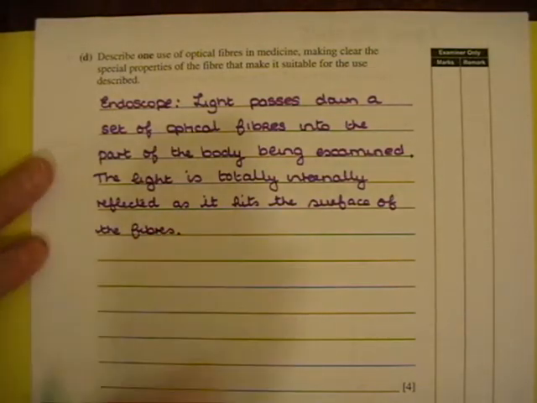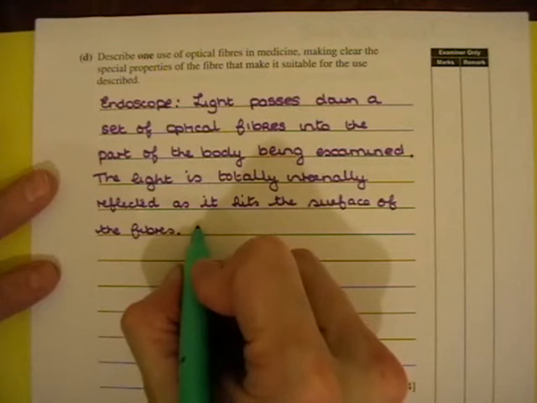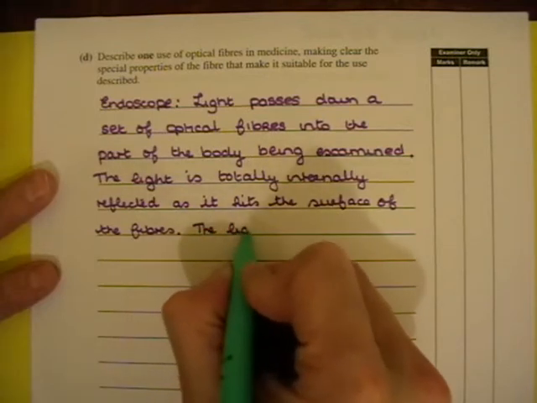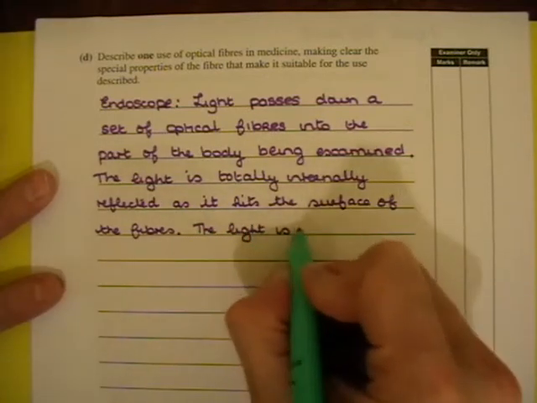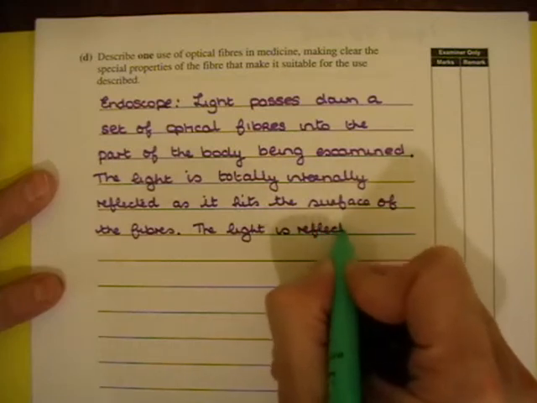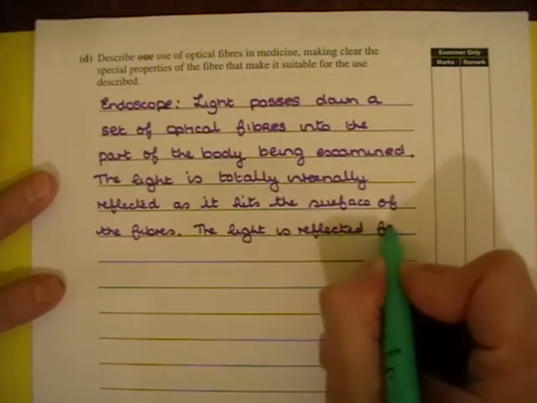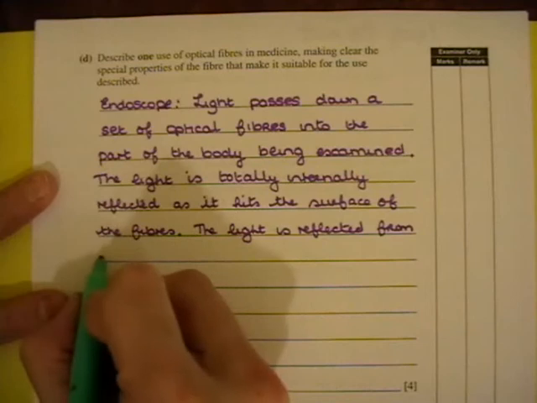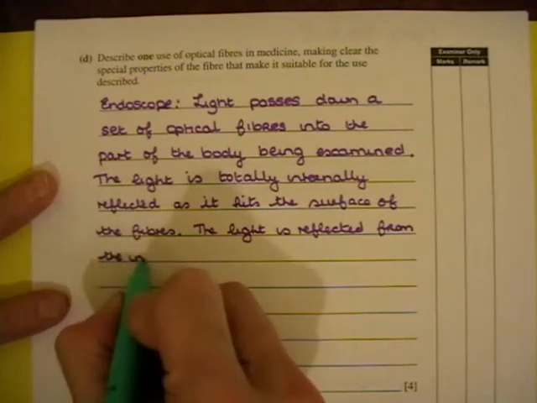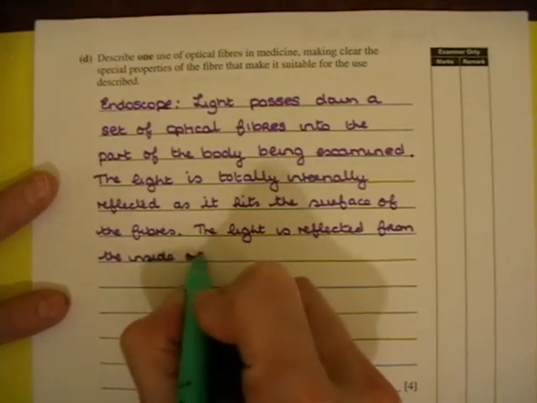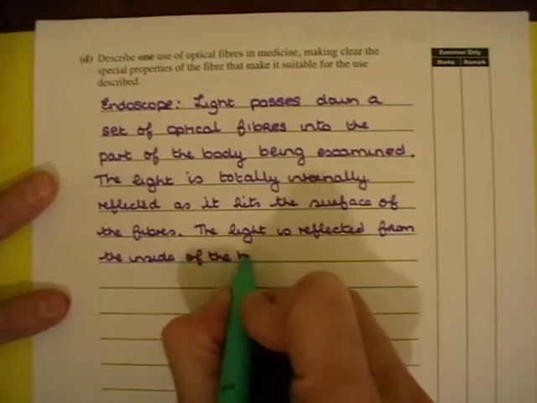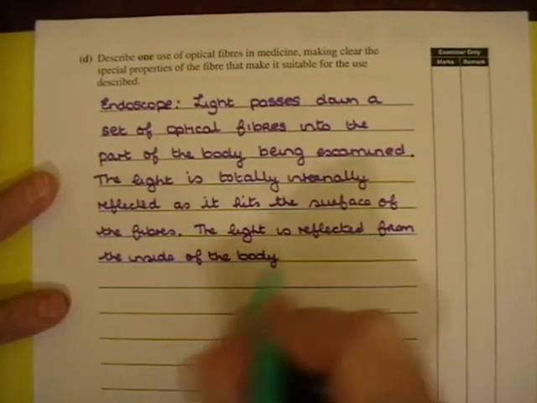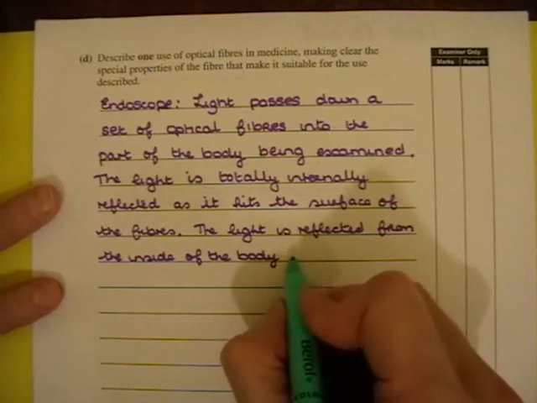Okay, so what happens then? The light then is reflected from the inside of the body, and we could go on to say something about the body part being examined, but from the inside of the body will do.